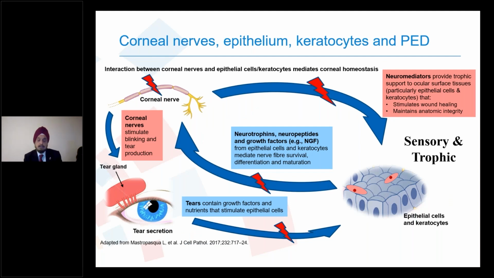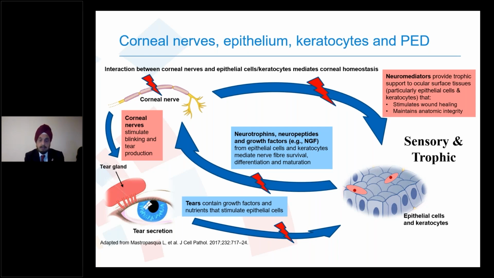Very briefly, these nerves serve two functions, sensory and trophic. The sensory function serves pain, protection and lacrimal secretion, but the trophic function is that the nerves release neuromediators that provide nutritional and health-related support to the epithelial cells and keratocytes.